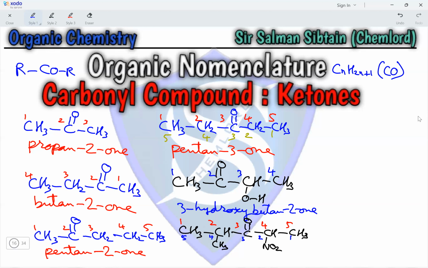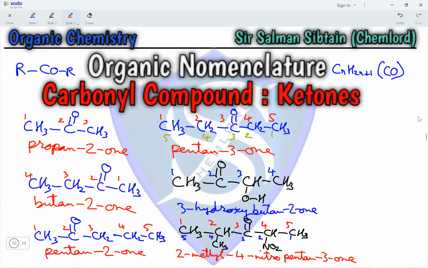So numbering could have been done from either end, but since we've got a methyl group as one of the substituent groups and a nitro group as the other, methyl's M would be given preference over nitro's N. So the numbering would be done from left to right, naming this compound as 2-methyl-4-nitropentan-3-one.